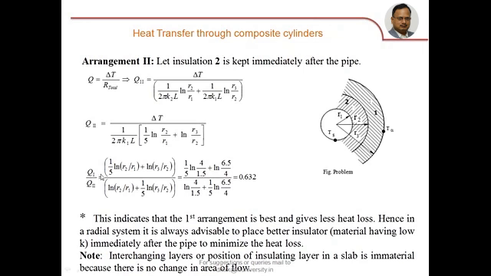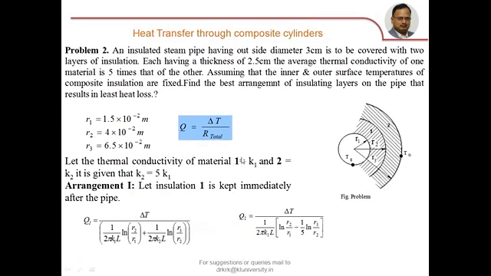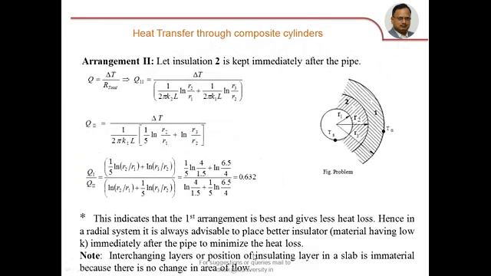Or in other words, if you want to minimize the heat transfer, Q1 is the best arrangement. What is Q1? Keeping material with low thermal conductivity immediately next to the pipe. That is the conclusion.